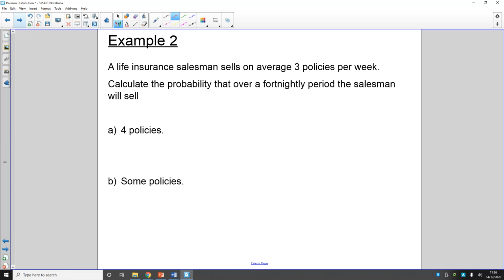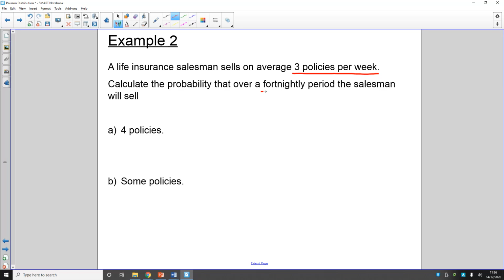Right, let's have a look at it then in a context. So a life insurance salesman sells on average 3 policies per week. Calculate the probability that over a fortnightly period, this salesman will sell 4 policies. Well, first of all, we need to note that in this question, he sells on average 3 per week.